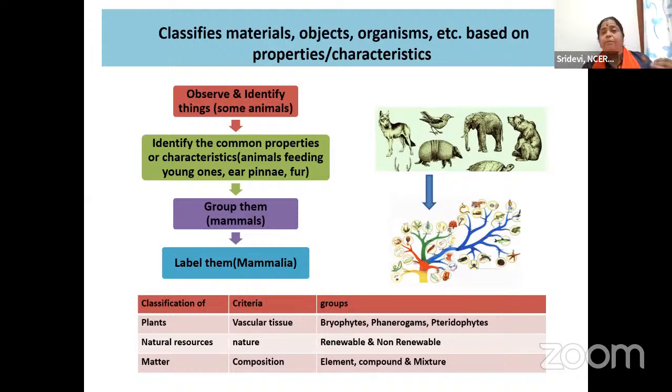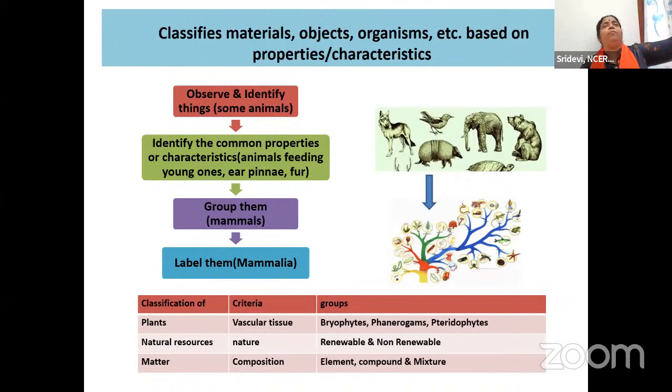So basically the process of classifying includes observing, identifying the things, identifying the common characteristic features, grouping them and labeling them. So if the teacher wants the child to classify, that means the teacher has to provide opportunity for the children to do all these tasks.